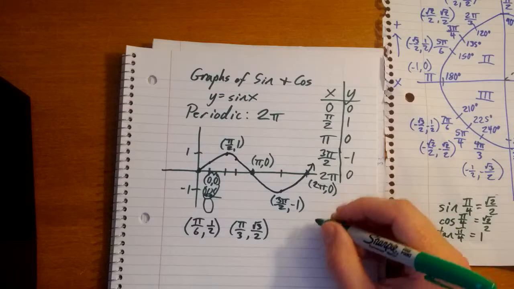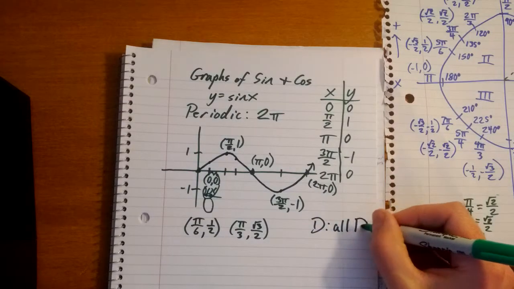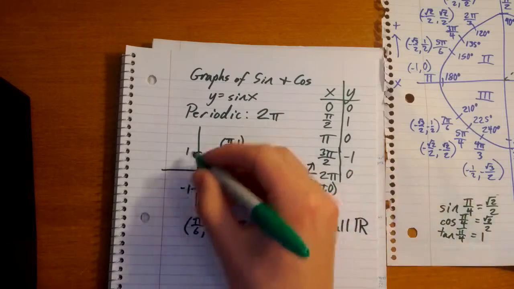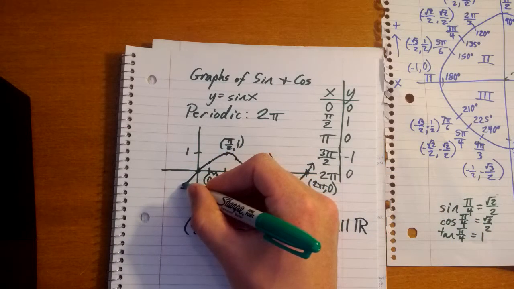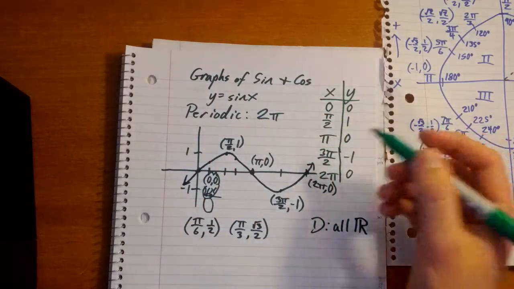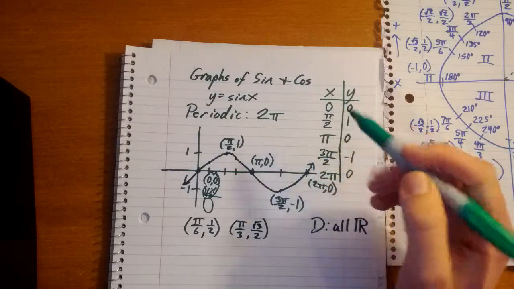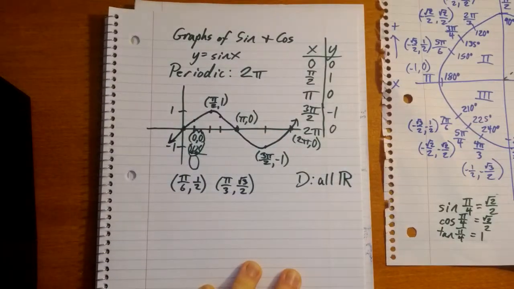The domain is all real numbers, so it goes on in x forever. The range is limited to -1 to 1. So that is the basic graph of sine.